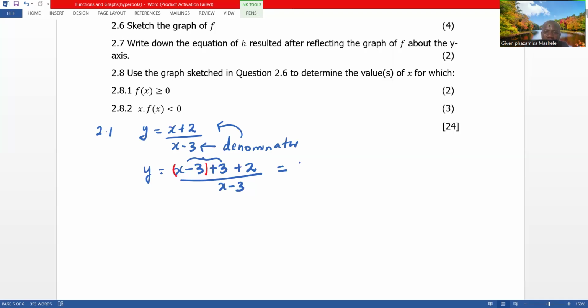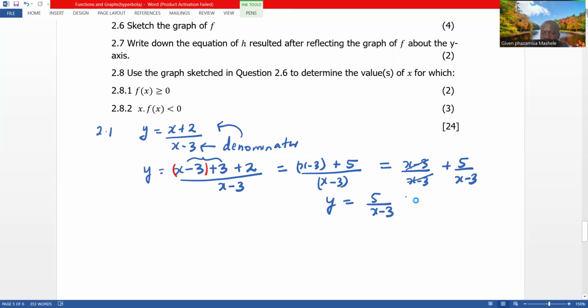Then I add the other one, 3 plus 2, which is 5, divided by x minus 3. I can now divide and say x minus 3 divided by x minus 3 plus 5 divided by x minus 3. So this will be y equals 5 over x minus 3 plus 1.